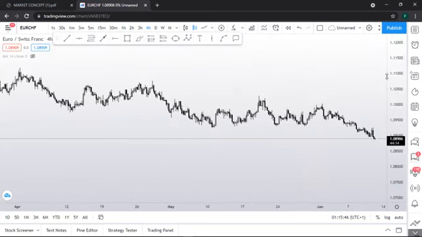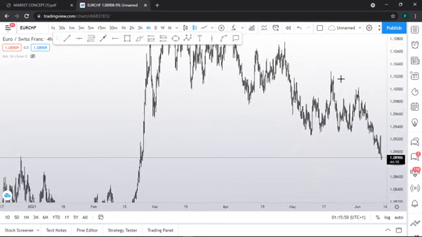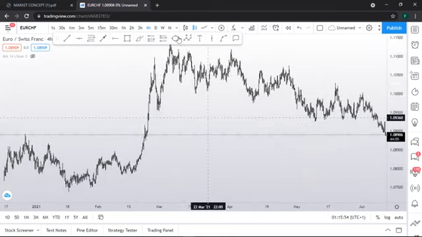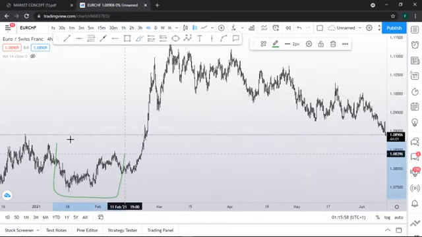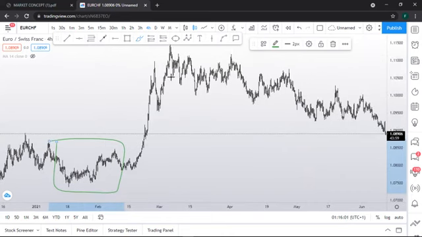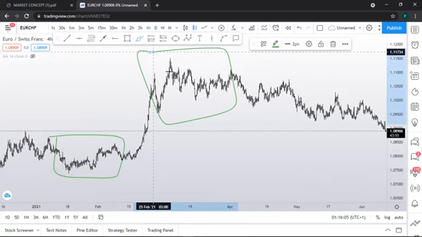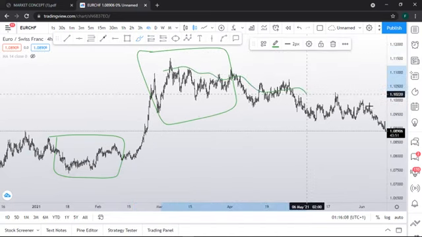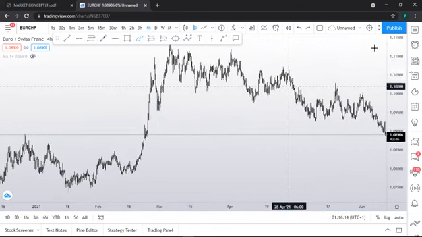Okay, great. Now, without looking at the indicator, I could tell that there was a bullish divergence here, and a bearish one here. And I believe the MA would cross around somewhere here and start trending. That is my understanding of the market.